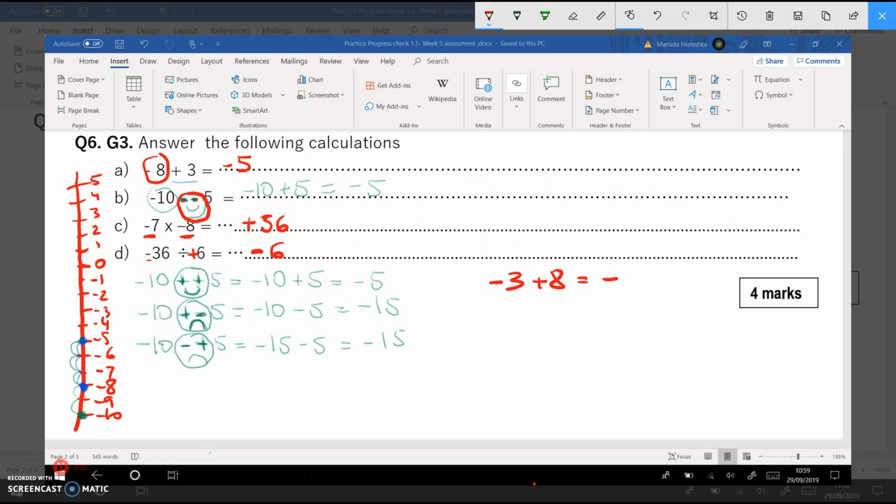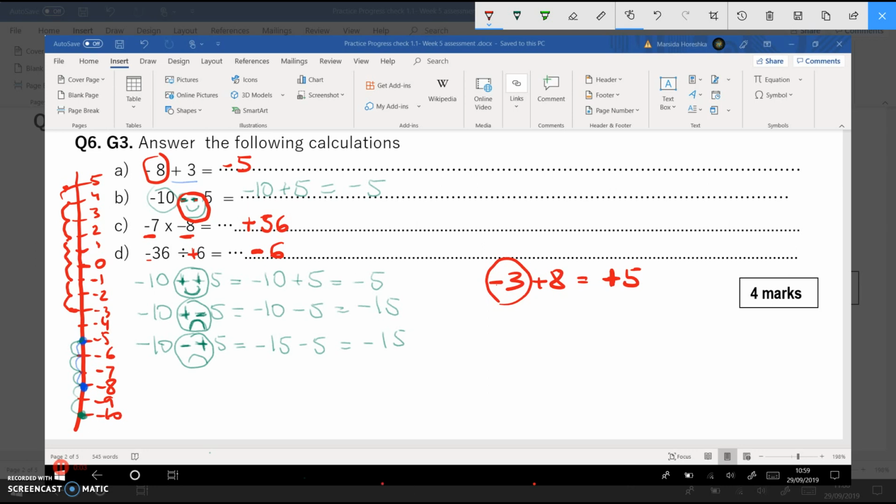No, that's not right, because if we look at this now, take the initial temperature, minus 3. If you go to minus 3, and if you add 8, you're going to go 1, 2, 3, 4, 5, 6, 7, 8. It's going to go to 5 degrees. So the answer will be plus 5, not negative 5. So that is the difference between them two.